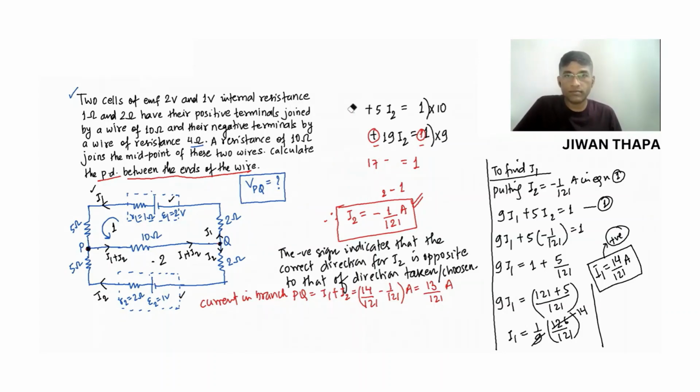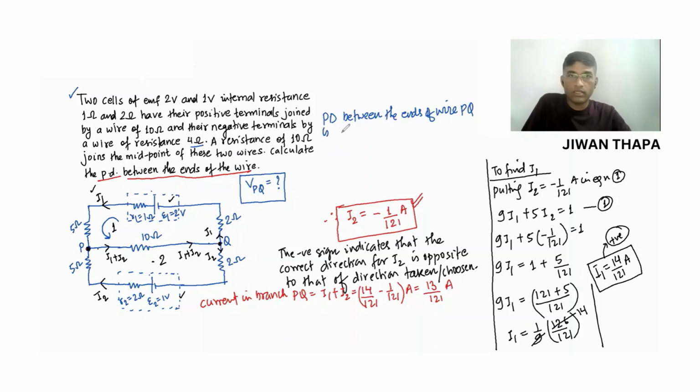So the potential difference between the ends of wire PQ is VPQ equals current I1 plus I2 times this 10 ohm.